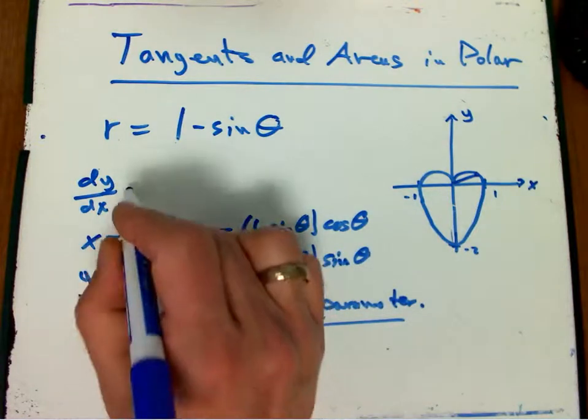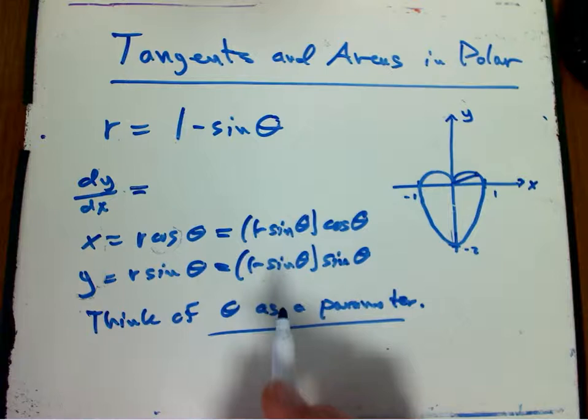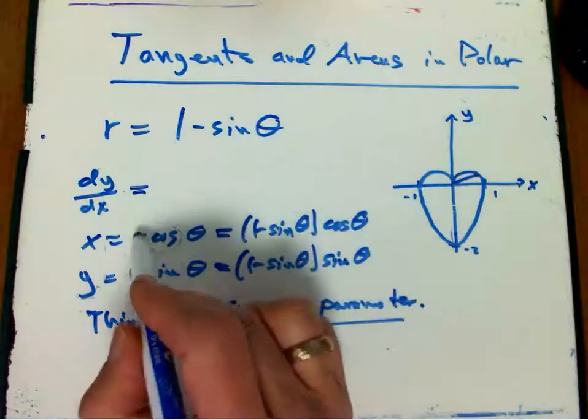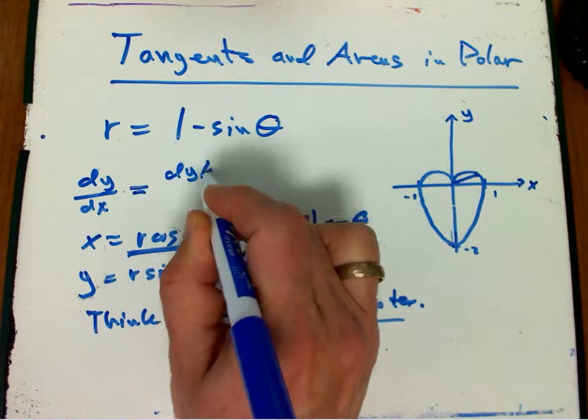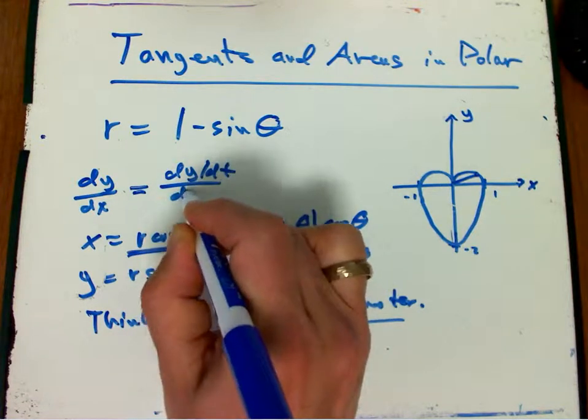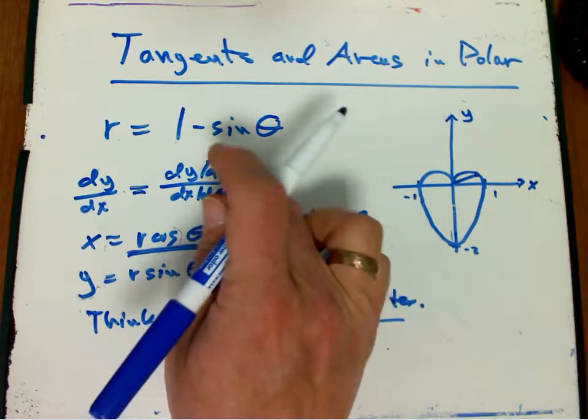Now, if you want the general formula, you can always look at this and take the derivative with respect to t. Remember, this was dy/dt over dx/dt. But now theta is the parameter.